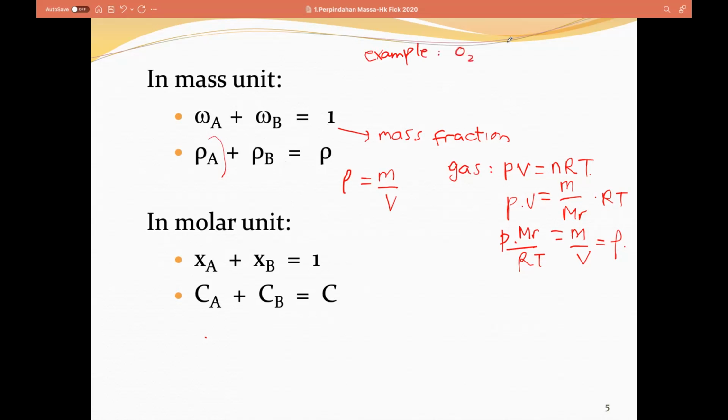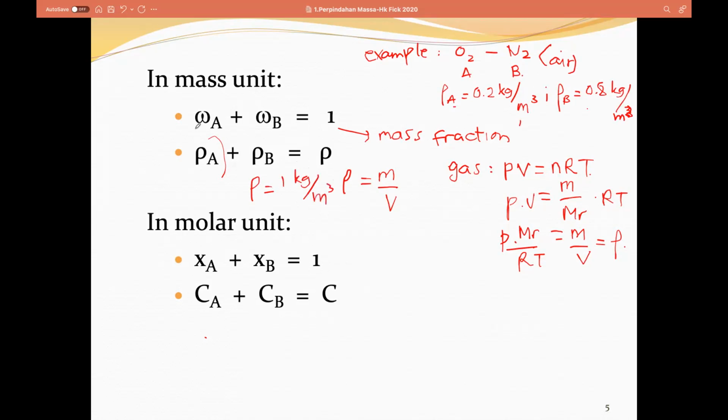This is not the exact value, but at least you can have some idea. For example, this is A and this is B. Rho A is 0.2 kilogram per cubic meter and rho B is 0.8 kilogram per cubic meter. So rho would be rho A plus rho B, 1 kilogram per cubic meter.